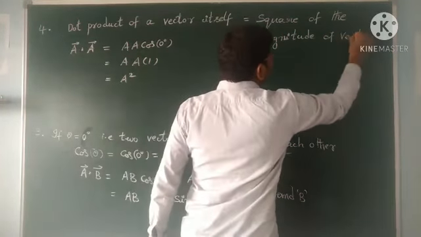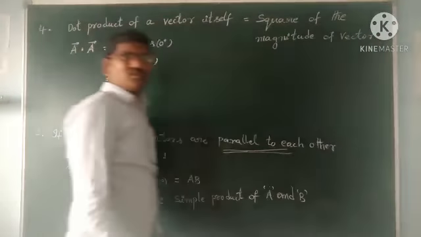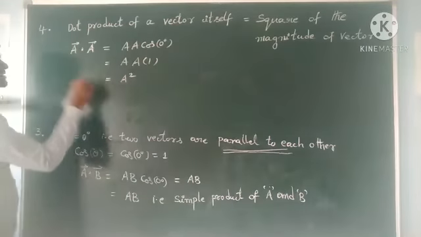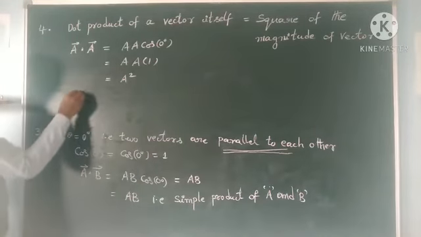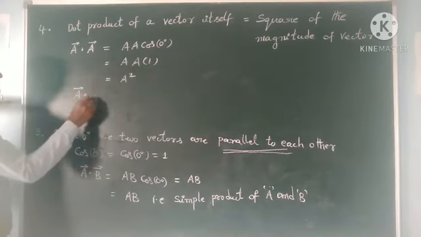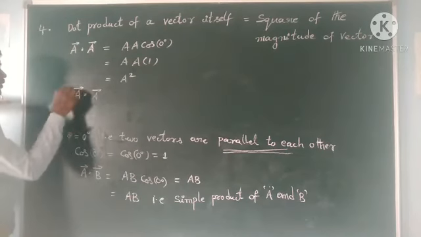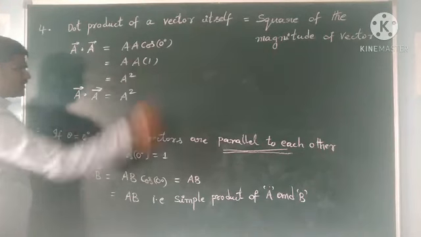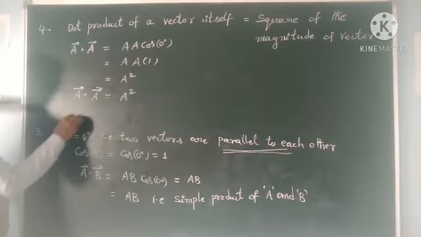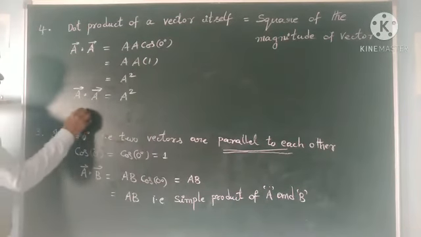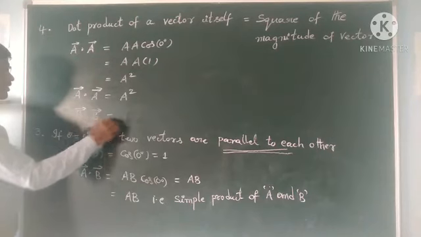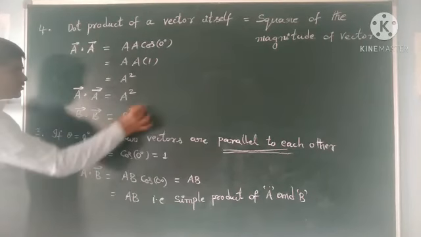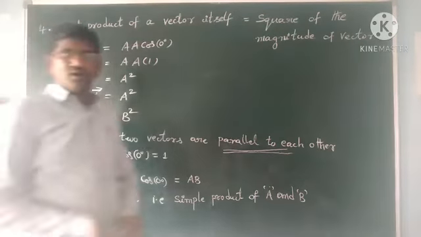A bar dot A bar is equal to A square. So what is the result we got, students? The dot product of a vector with itself is equal to the square of the magnitude of the vector. Similarly, if B bar is a vector and you do the dot product B bar dot B bar, you will get B square. Okay students.